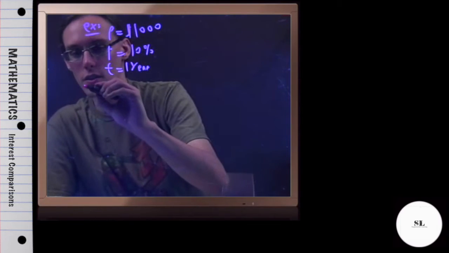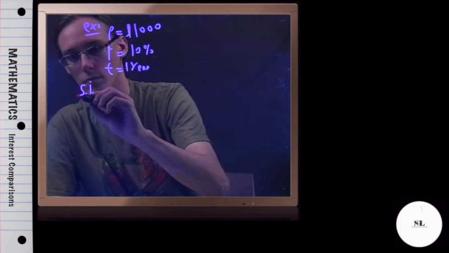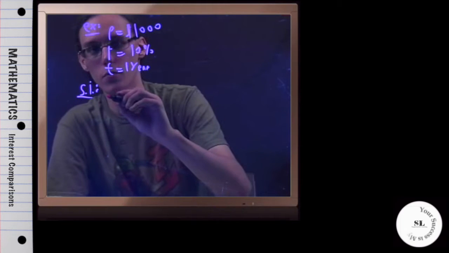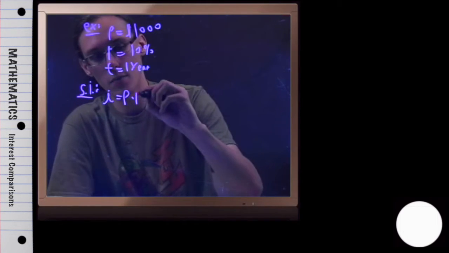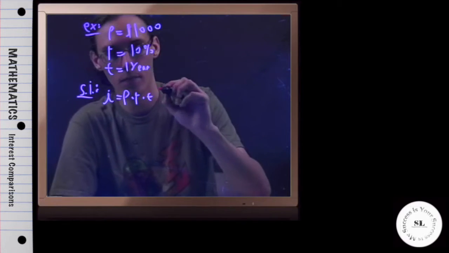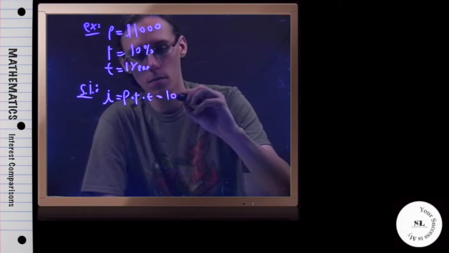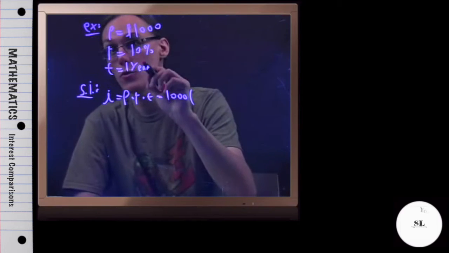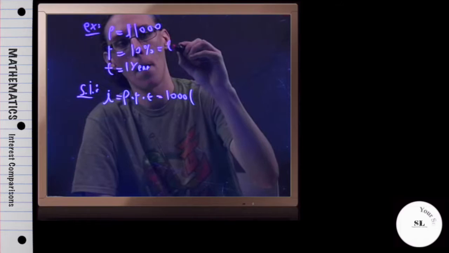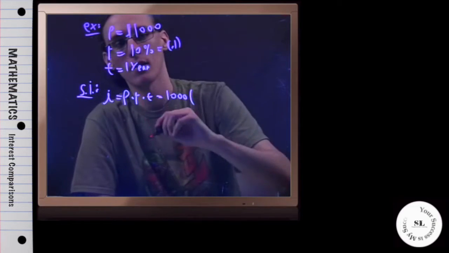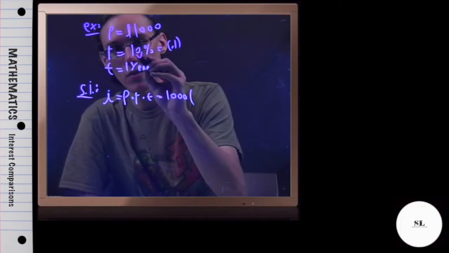Well, with simple interest, all we would do is say that the interest is equal to the principal times the rate times the time. So I'm going to throw in 1,000. Remember that when you use percentages in these formulas, it needs to be a decimal number, so that's going to be 0.1, because I take 2 hops to the left.